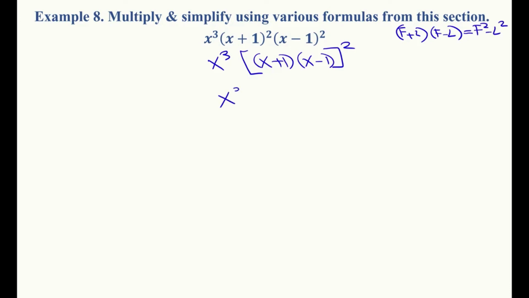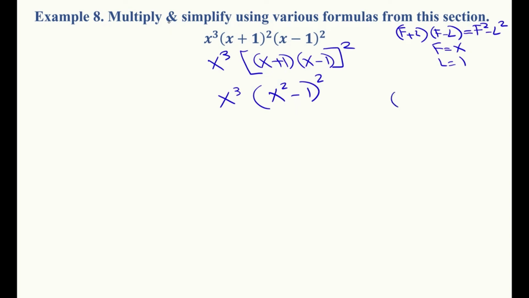So here we're going to get x cubed times, for x plus 1 times x minus 1, with f equal to x and L equal to 1, we just get x squared minus 1, right? But remember, we have to square that. So now we're going to use the square of a difference formula.